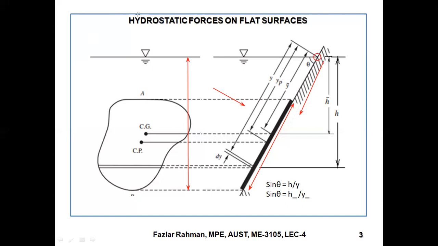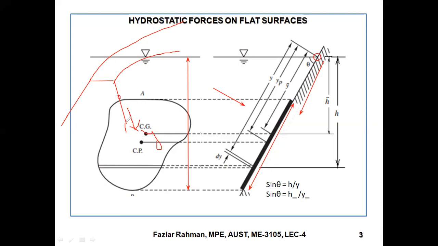So what I'm saying, let me draw it again over here, a dam. I need to just show what is the x-axis, what is the y-axis. So along this direction, the inclined surface is y. Say you are standing right over here.